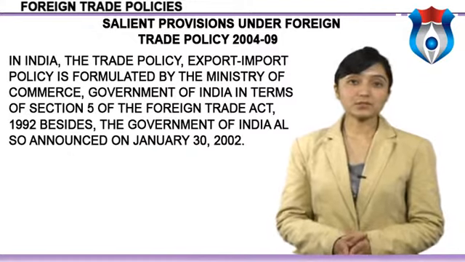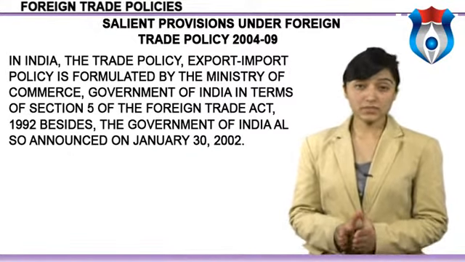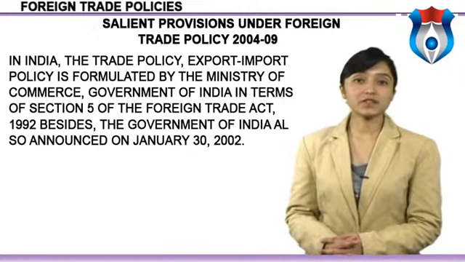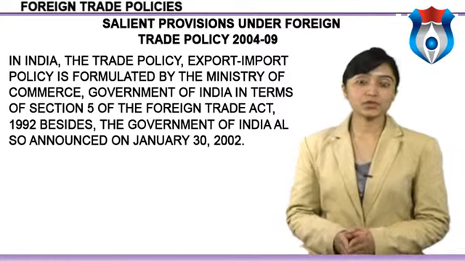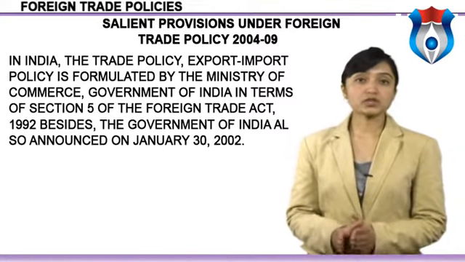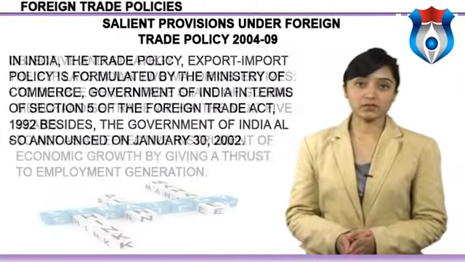The present export-import policy was announced on 31st March 2002 for a period of 5 years with effect from 1st April 2002 to 31st March 2007, co-terminus with the 10th 5-year plan.